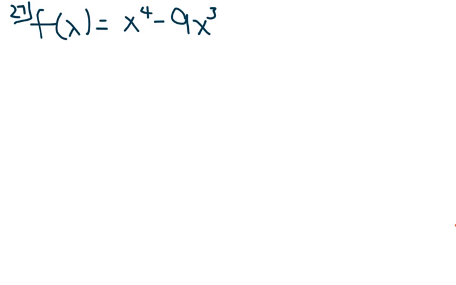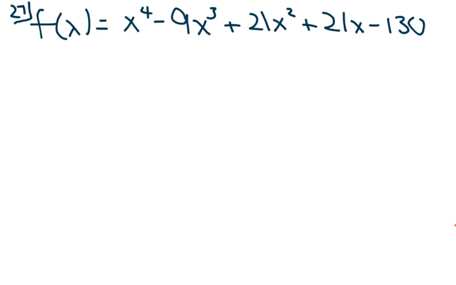Now, 27 is the harder one. This is the one I wouldn't do synthetic division on, unless you're very good at mental math. So this is why we're basically learning the long division. Here is our equation. F of x equals x to the fourth minus 9x cubed plus 27... again, this is 27 plus 21x squared plus 21x minus 130.